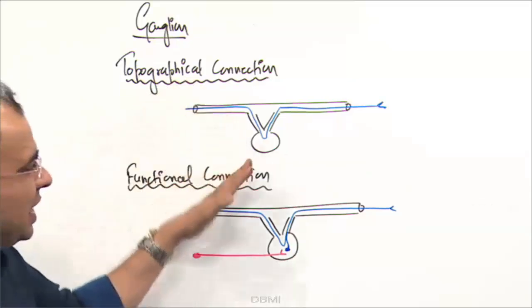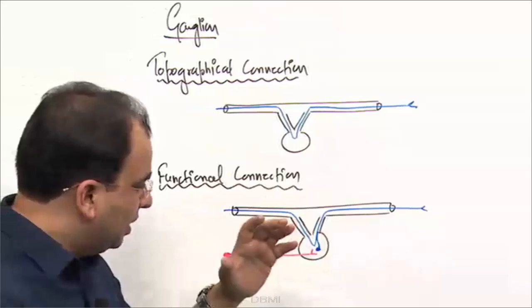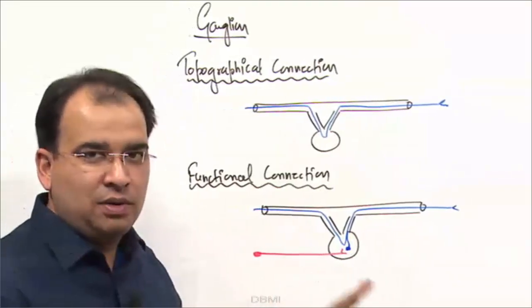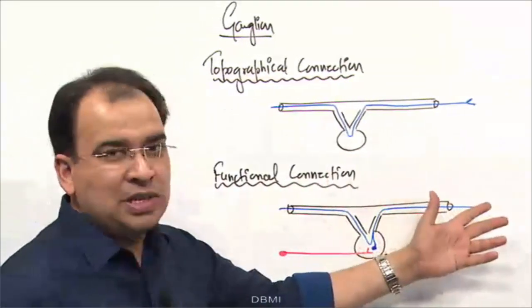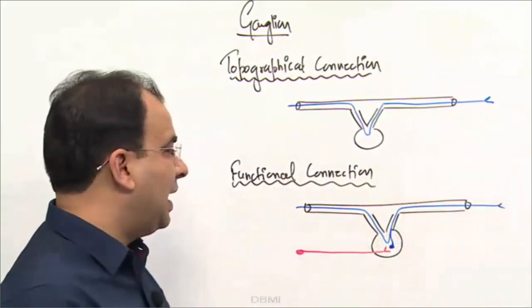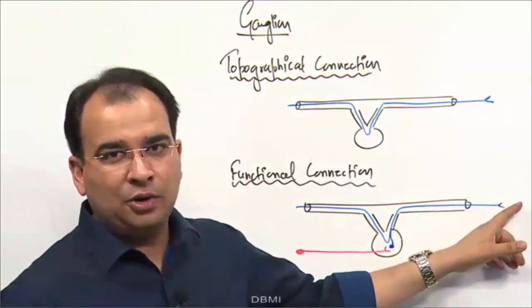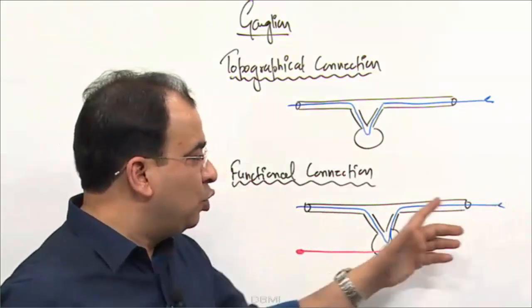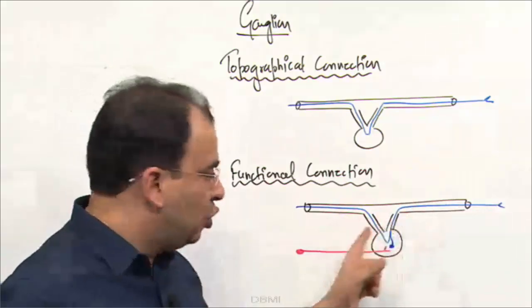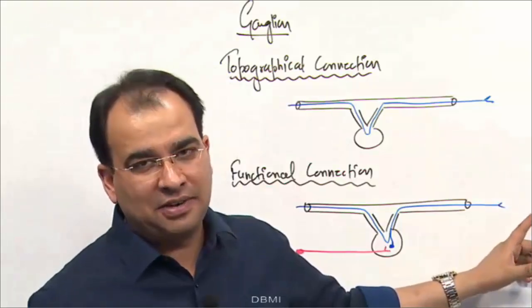Topographic nerve goes inside the ganglion, comes out. Functional nerve comes inside the ganglion, relays in the ganglion, and that's all, finished. Postganglionic fiber, how will the postganglionic fiber reach the target muscle or gland? They will reach through the nerve which is already topographically relating the ganglion. That means if you know the topographic nerve for the ganglion, you already know the postganglionic parasympathetic fibers.